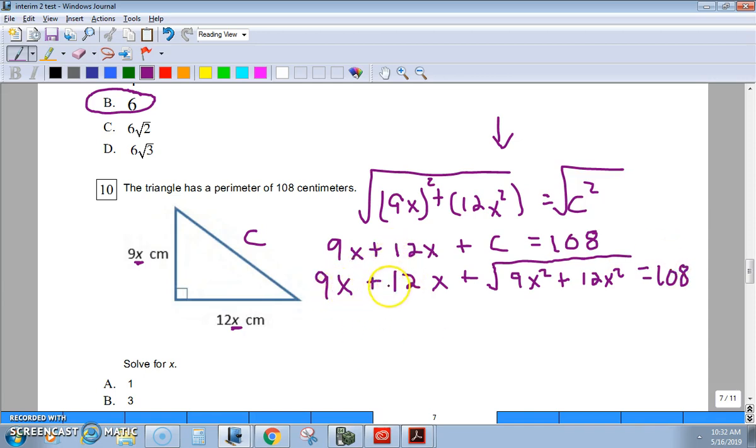And then what's 9 plus 12? 21? Is that right? Yeah. So 21x plus, actually, let's do this. Let's leave this side as 9x squared plus 12x squared equals 108 minus 21x.